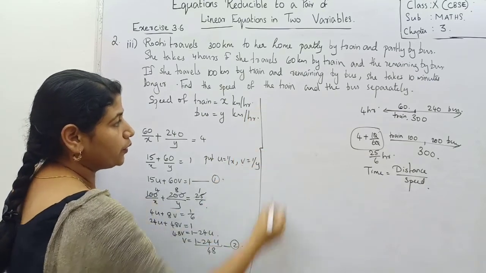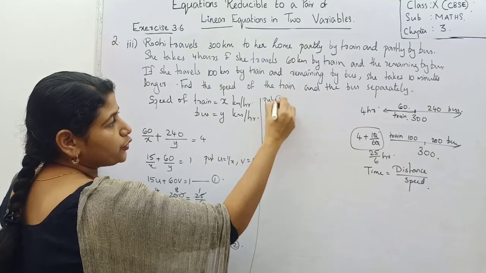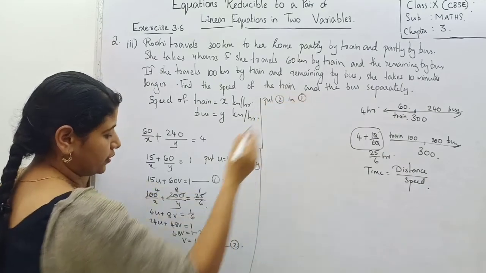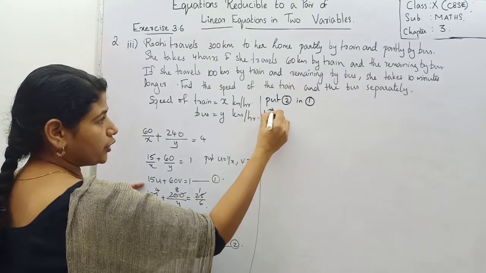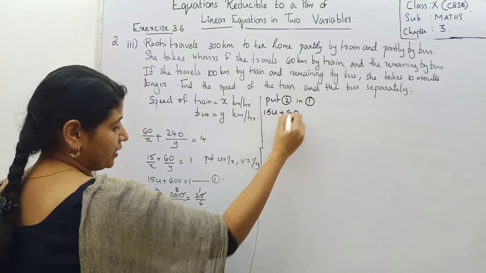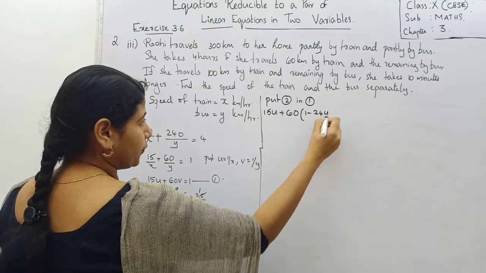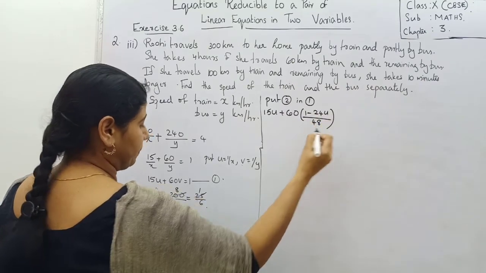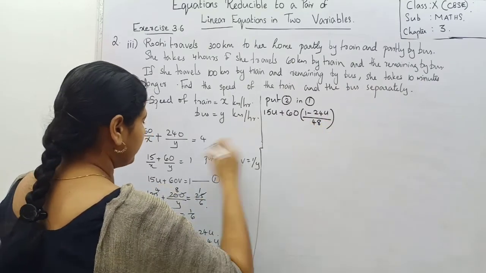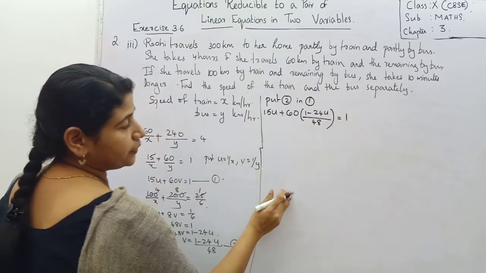Okay. Now we can find the value by putting the second equation in the first. So put 2 in 1. So you will get 15u plus 60v. Instead of v, we are using 1 minus 24u by 48, and equal to 1.